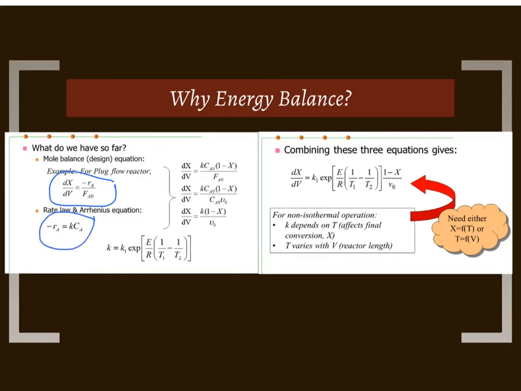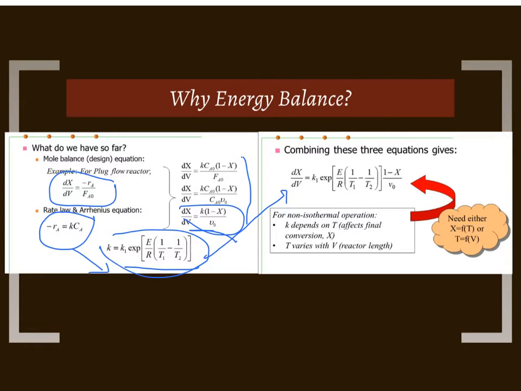And when you rearrange everything, you will get something like this, where the rate constant is defined as K equals K1 exponential E over R in the bracket 1 over T1 minus 1 over T2. If we combine all of this information together, basically you will get this particular equation, dX over dV equals K1, etc.